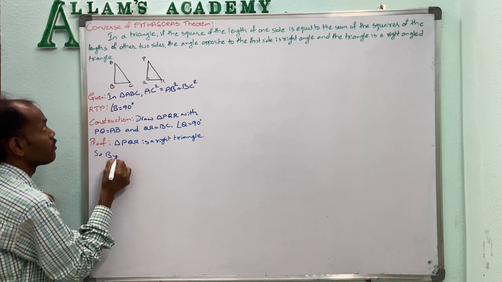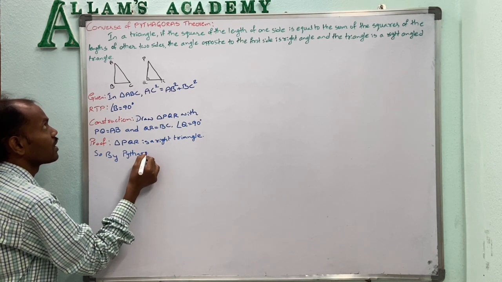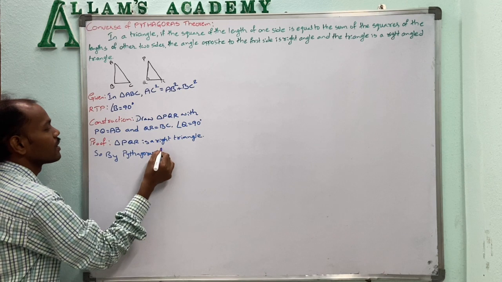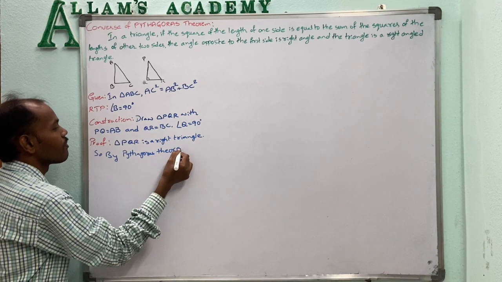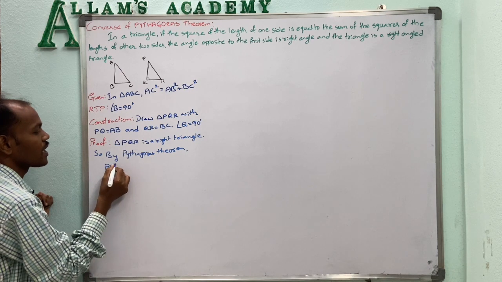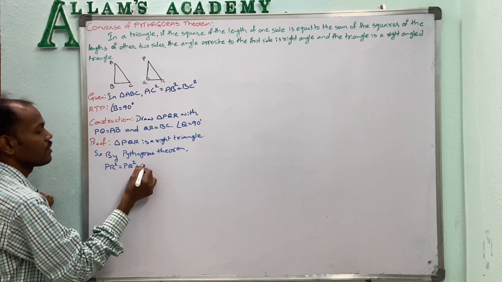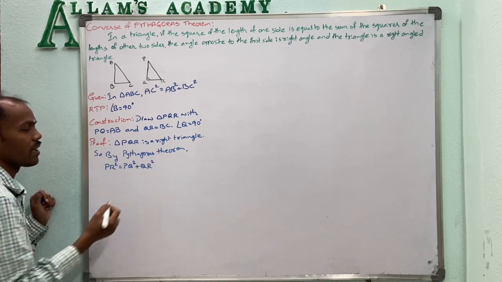So by Pythagoras theorem, we can write PR square equal to PQ square plus QR square. Why?